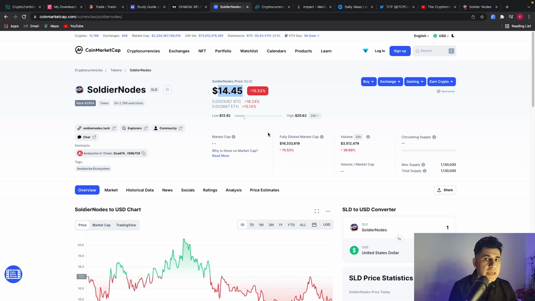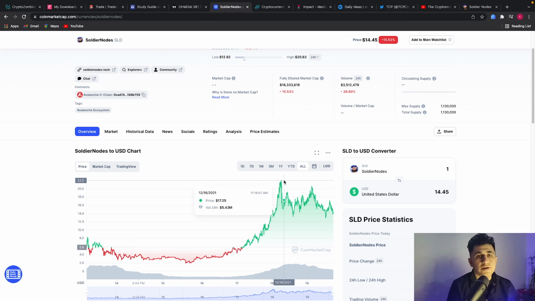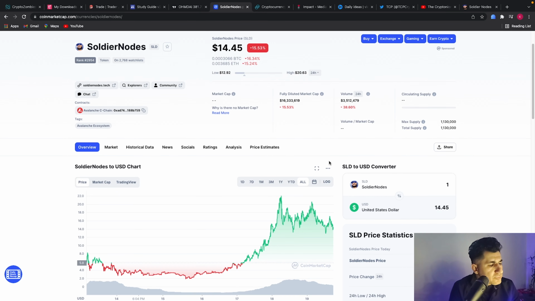You may make a huge amount of return because you entered the protocol at the very earliest stage, or you may make a huge amount of losses if you enter at the all-time high right here at $22, or maybe $14.4. So you have to be very strategic.